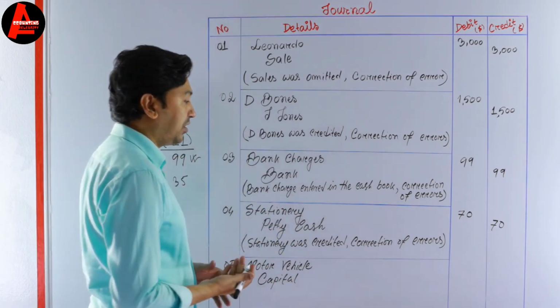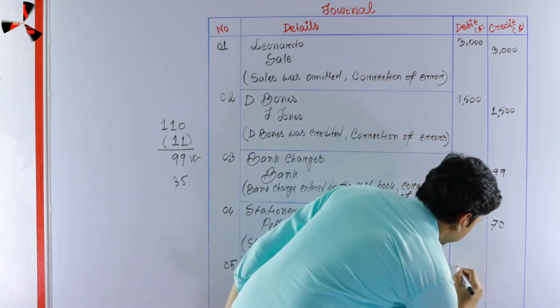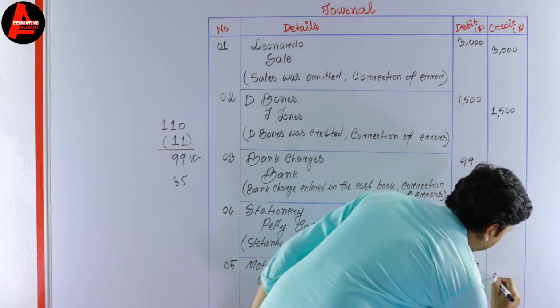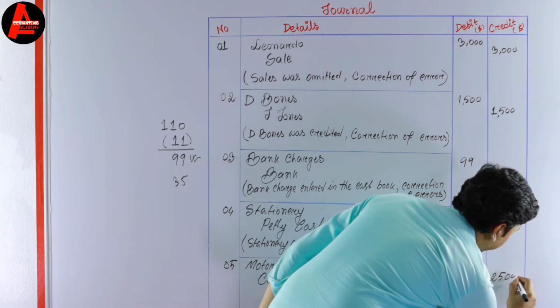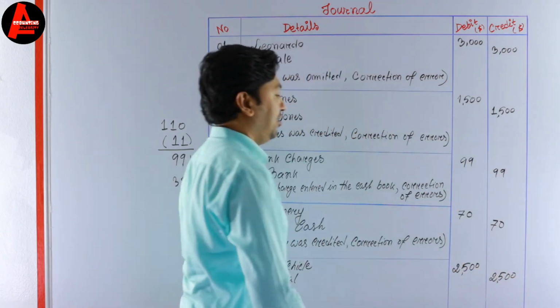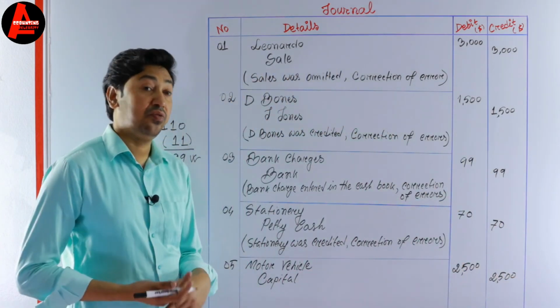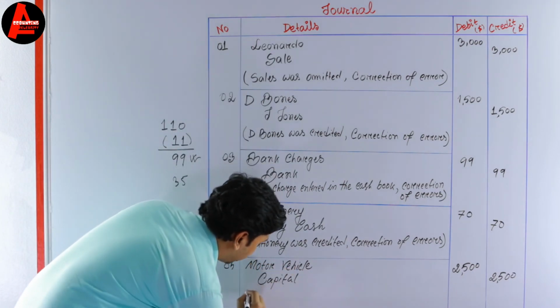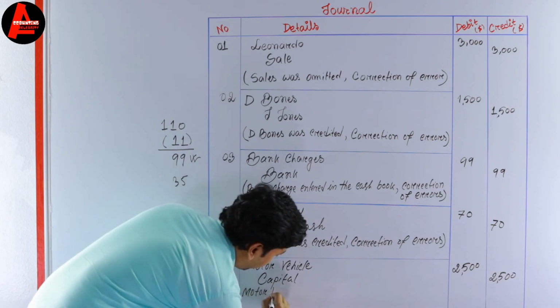What is the value here? It is $2,500 on the debit column and $2,500 on the credit column. So now let us write a note here. What can we write? We can write here motor vehicle had not been recorded.